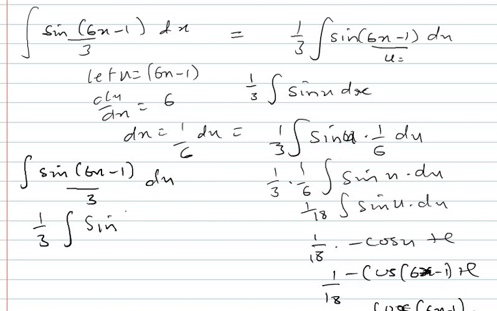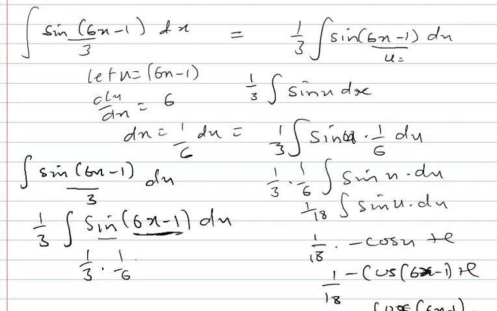That's sine of 6x minus 1 dx. We take the inverse of the differential of the linear expression. The differential of this is 6, so you have 1 over 3 times 1 over 6 outside. Then take the integral of the whole sine.